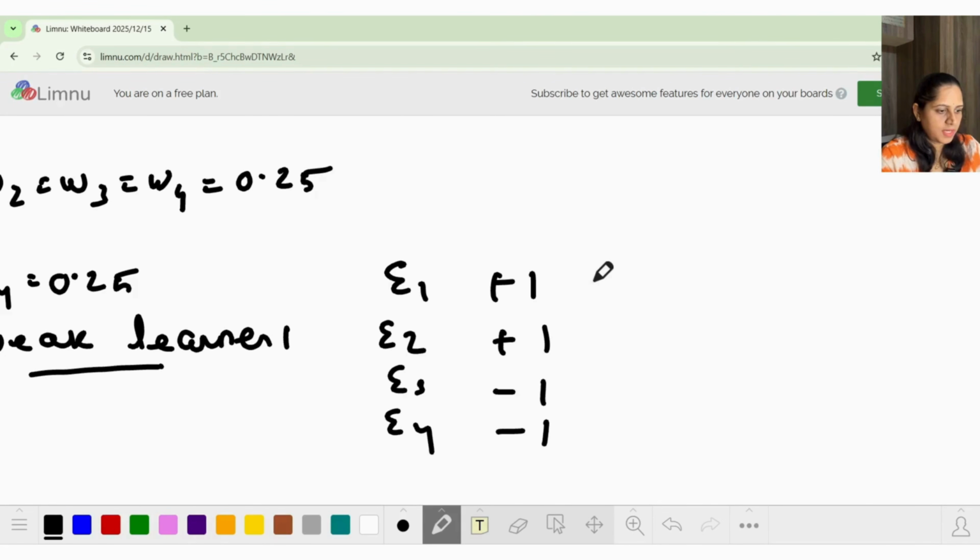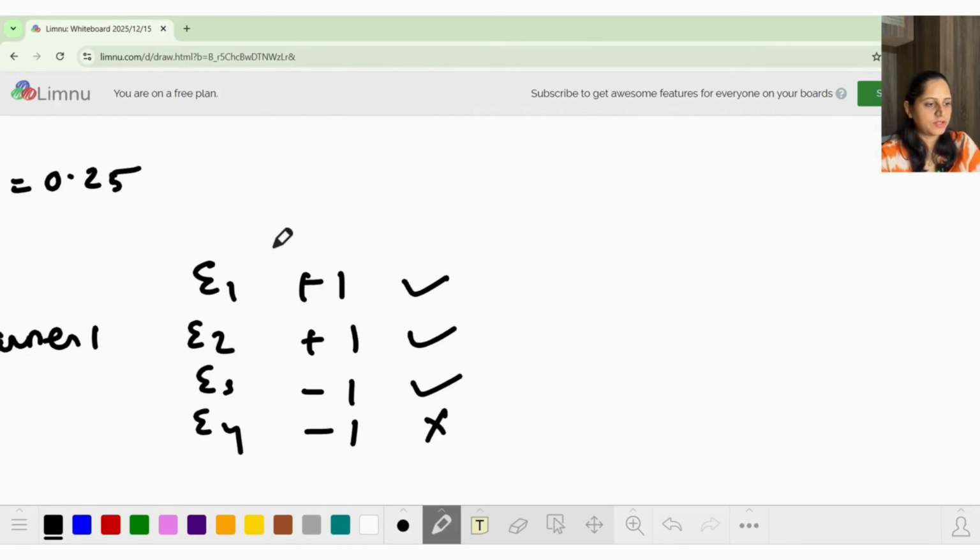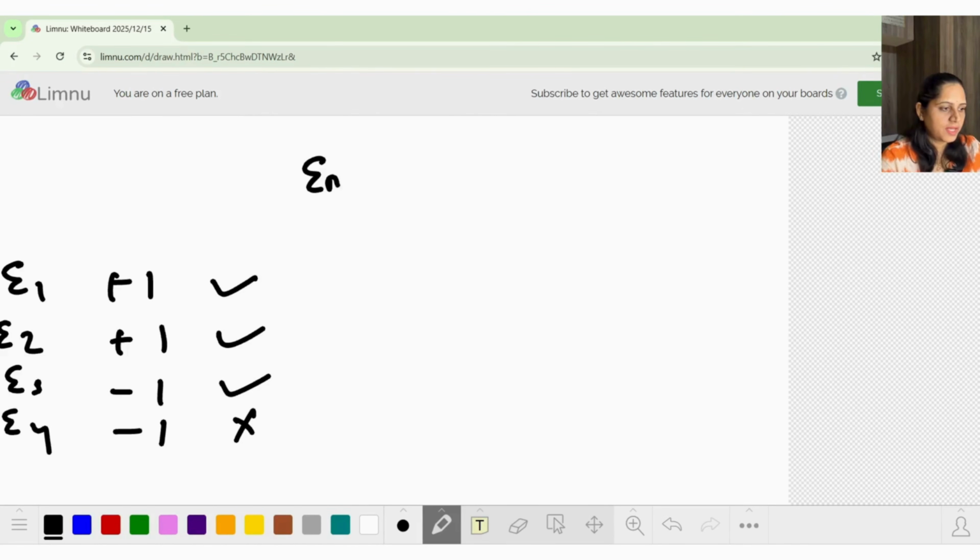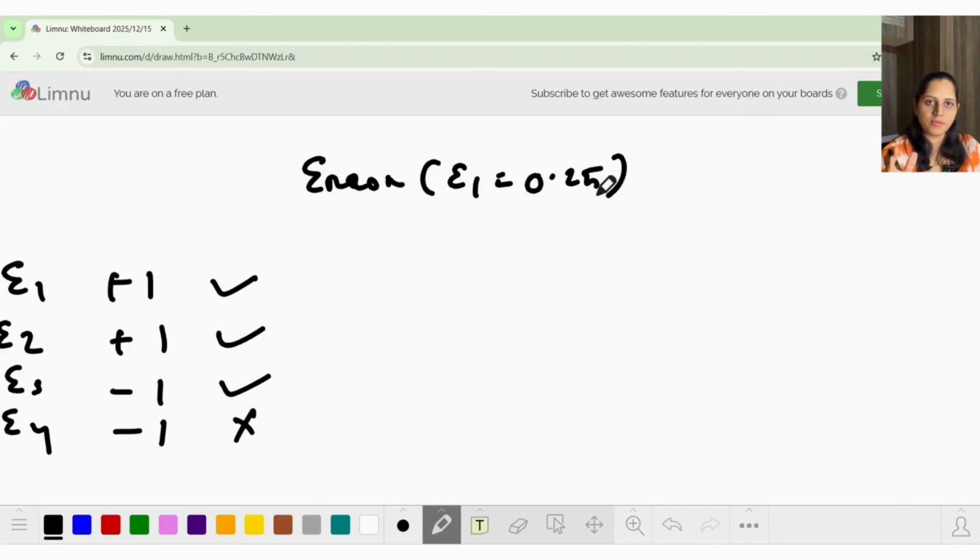This is correct, this is correct, this is correct, but this is wrong. That means our model has a wrong prediction for E4. So my error is going to be 0.25. It's the same as whatever weight we take; that's going to be the error. That's the one we understood: the sum of the weights of the misclassified points is nothing but your error. Here we have only one weight, so that's going to be your error.